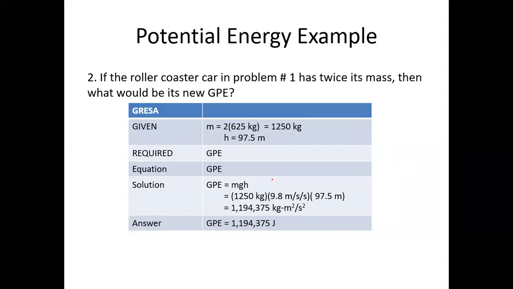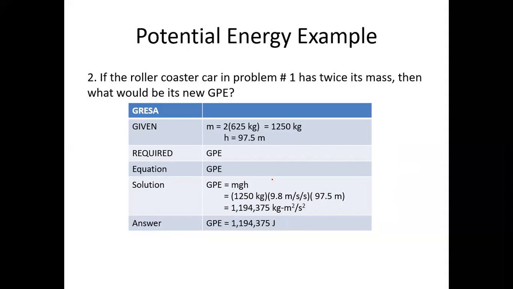Now, if the roller coaster car in problem number 1 has twice its mass, what would be its new GPE? The given, twice the 625 kilogram, is 1,250 kilogram. The height is 97.5 meter. The required is GPE. The equation for GPE is mgh.